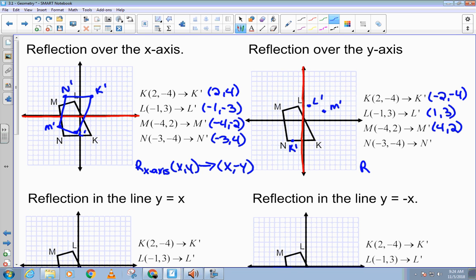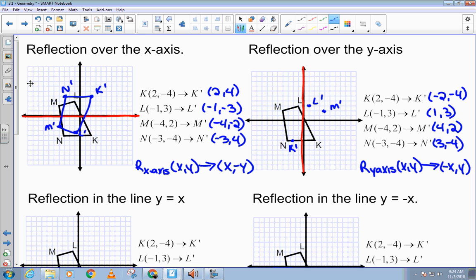So a reflection over the y-axis, your x becomes the opposite and your y stays the same. So with that in mind, what would N prime be? 3, -4.